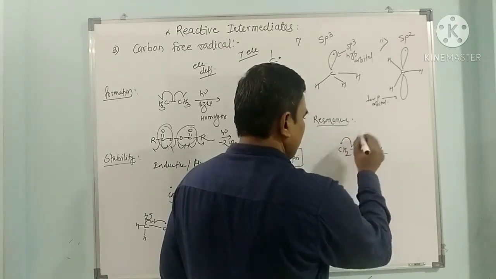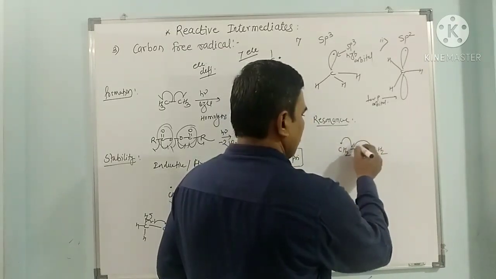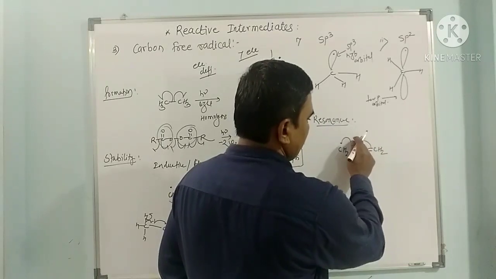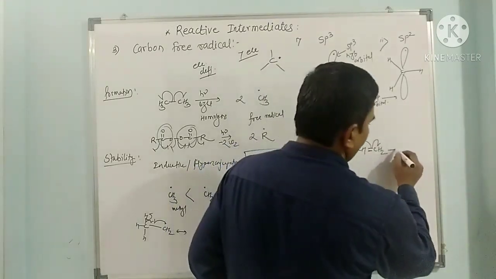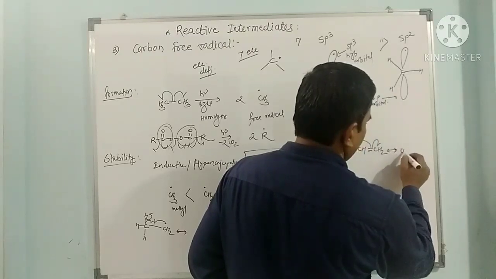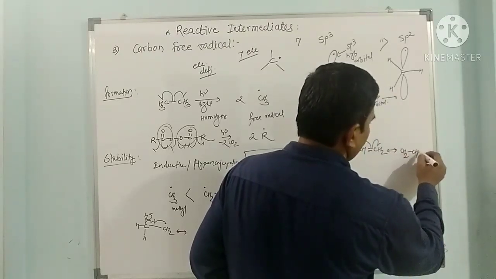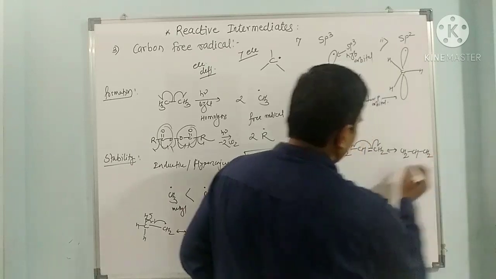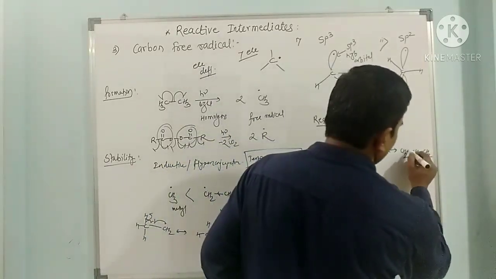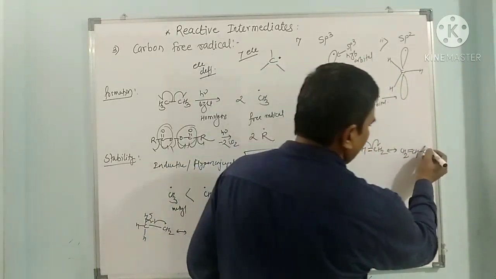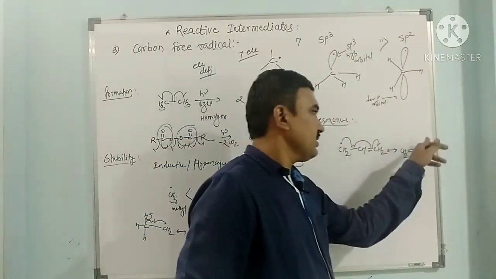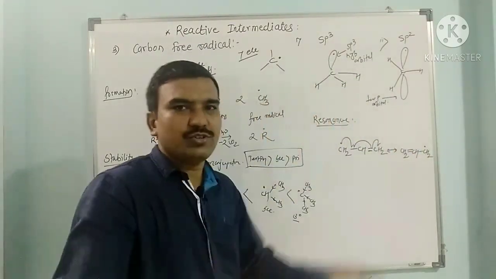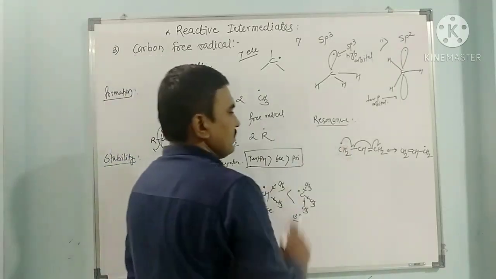Here one electron and another electron make a double bond, and one electron is shifted to the other end. So we get CH2=CH-CH2 with the double bond formed on the other side, and the free radical shifts from this carbon to that. So there is a distribution of the free radical.